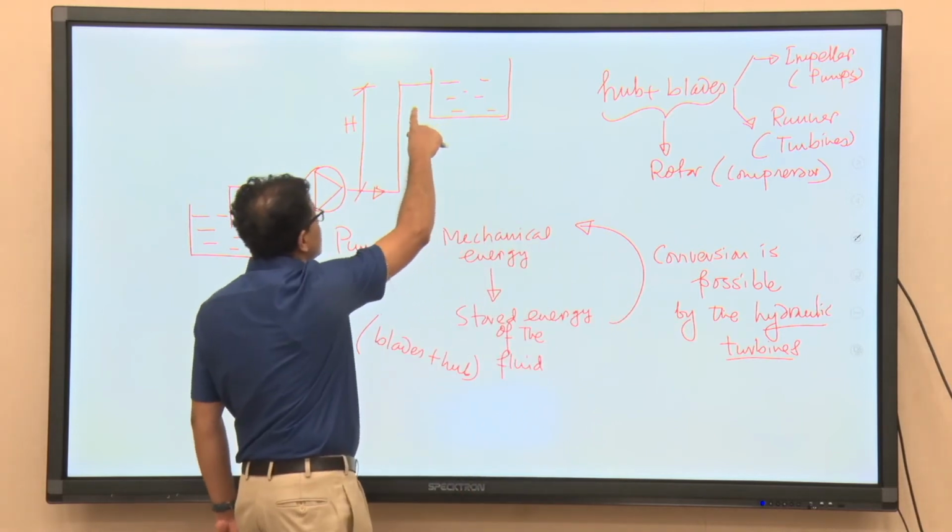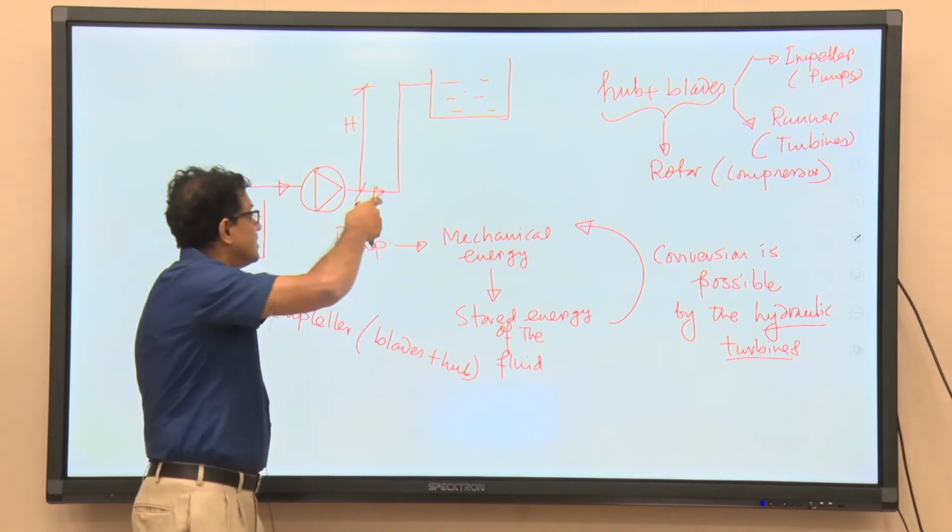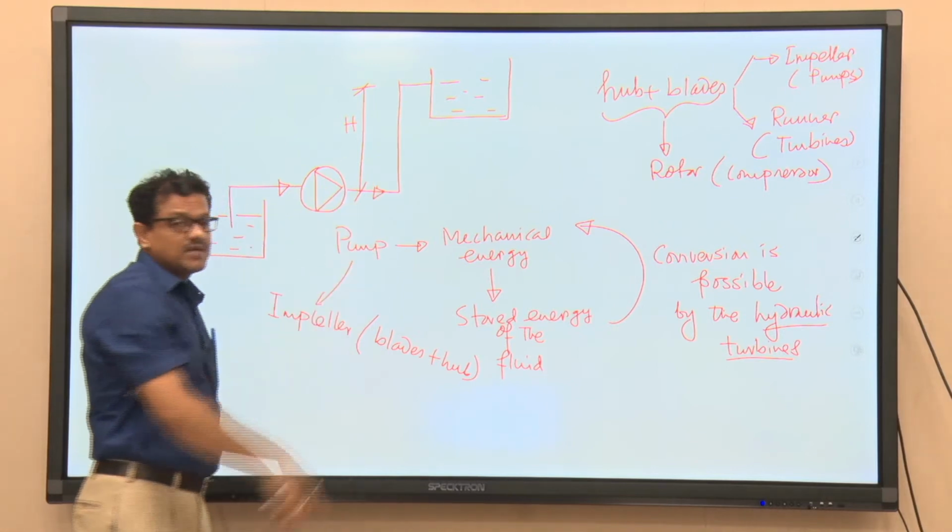So, the head that will be there, the stored energy of the fluid that is there in the reservoir, can be utilized to rotate the rotating part of the device.